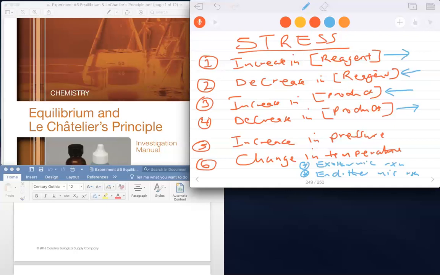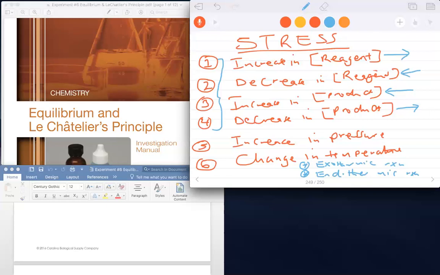What you see here, probably in your text, the teachers talk about change in concentration, but it is broken down in such a way that you can really answer a question in the exam based on how the question is tailored. Change in concentration can be 1, 2, 3, 4. Which concentration are you changing? Is it product? Is it reagent? And the arrows help you configure in your mind where the system will shift.